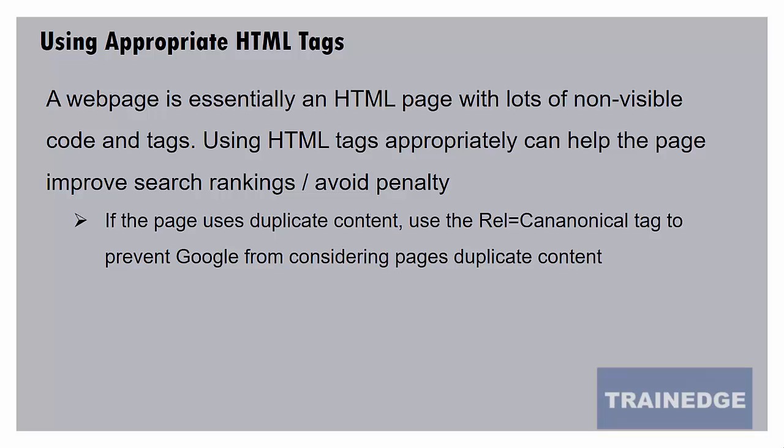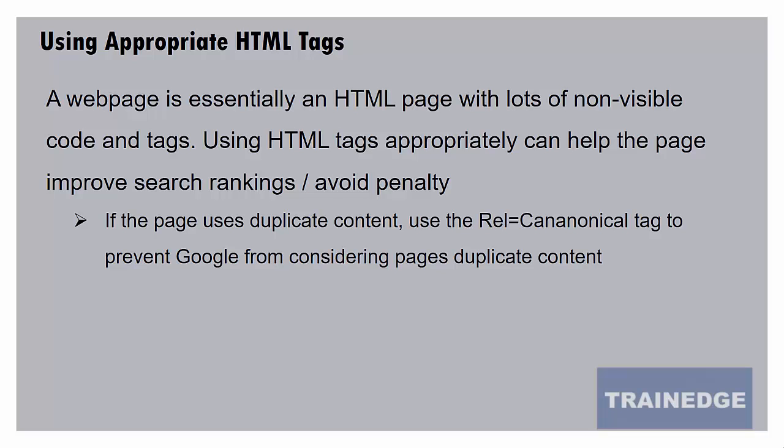For example, if a page uses duplicate content and you use the rel equal to canonical tag, basically you tell Google which one is the original page for this content, then it will prevent Google from imposing a duplicate content penalty on your page.